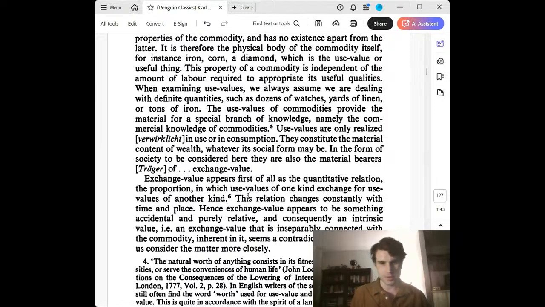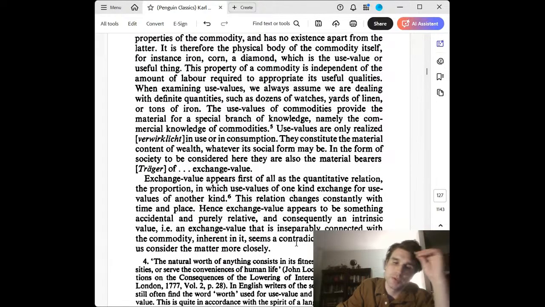It seems purely relative. So it doesn't seem like things have an intrinsic value, one that's connected to the commodity itself, but it just seems that things have value in relation to other things. Although, as we'll see, things are not always what they appear.